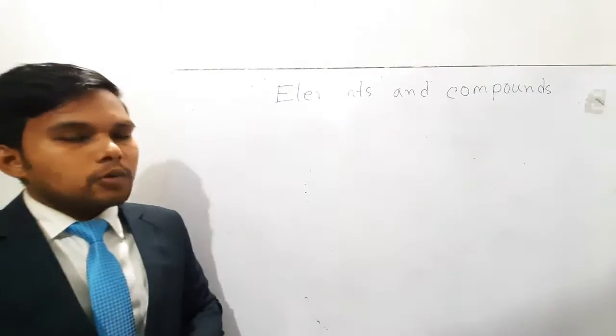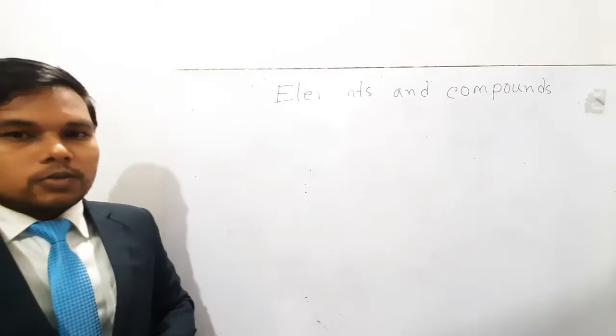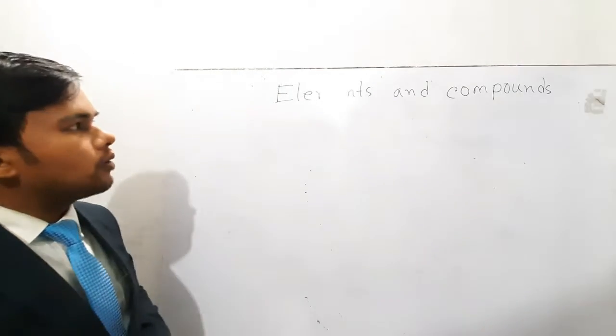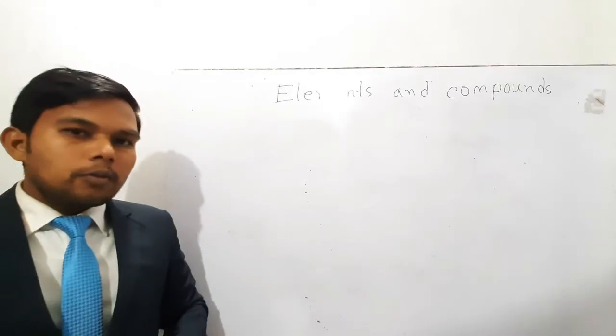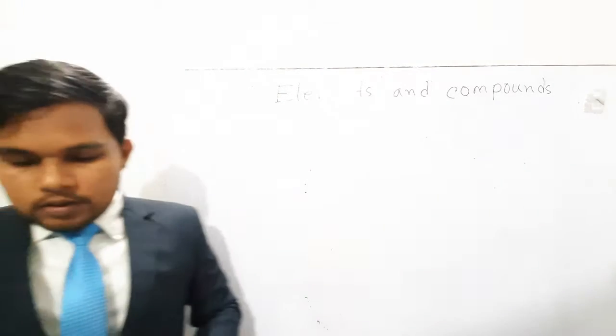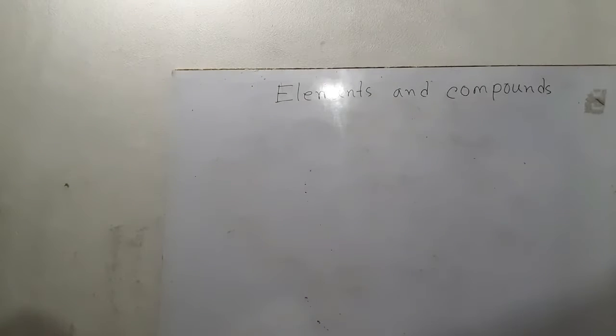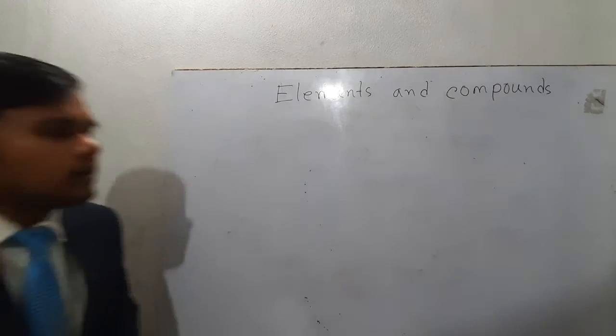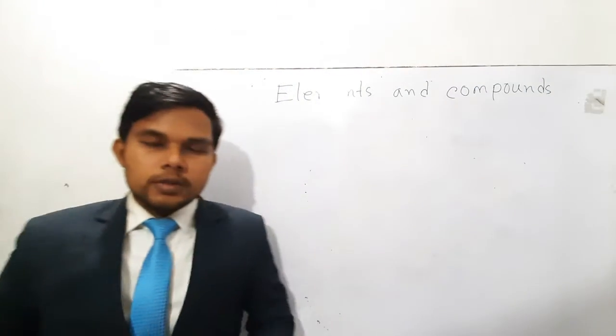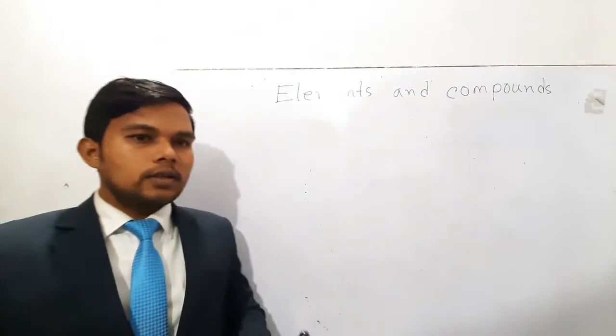Now symbol and formula. A symbol is the short or abbreviated form of the English or Latin name of an element. Listen, each element has its own symbol, and there are some rules for how we write the symbol.